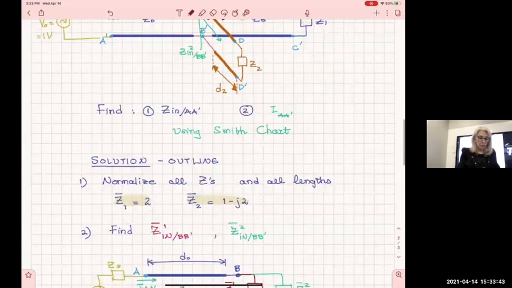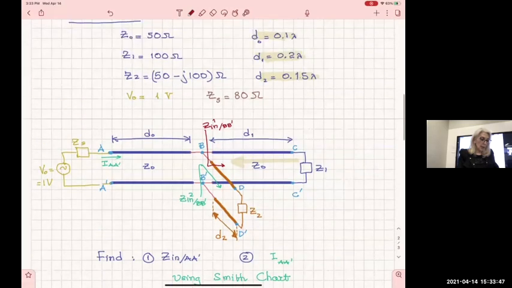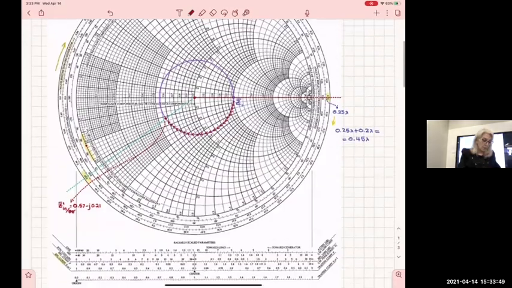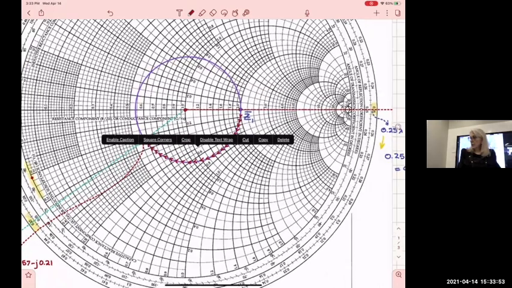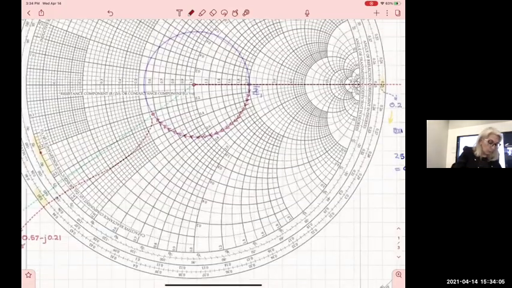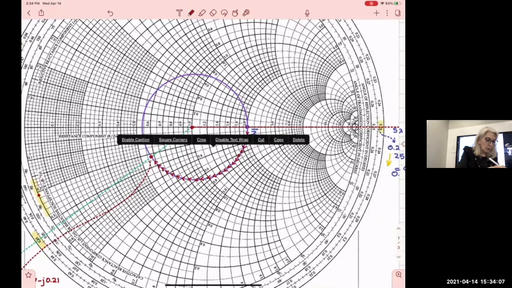Z2 normalized is 1 minus 2j. You can do it someplace else, but let's do it here, because you see what you've done before is going to help you, right? So Z2, what did I say? It's 1 minus j2. 1 is the circle that gives the real part of 1, is this one.